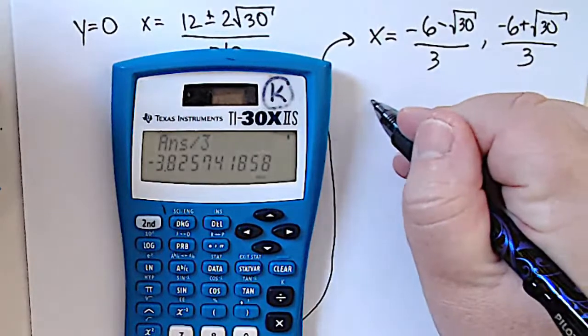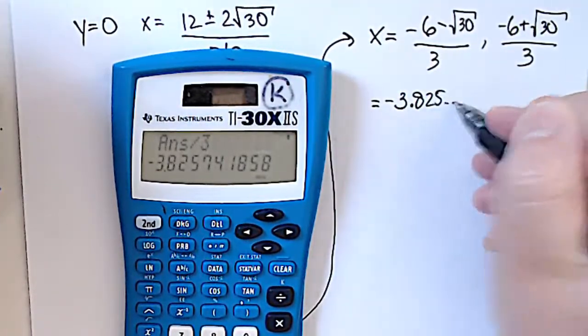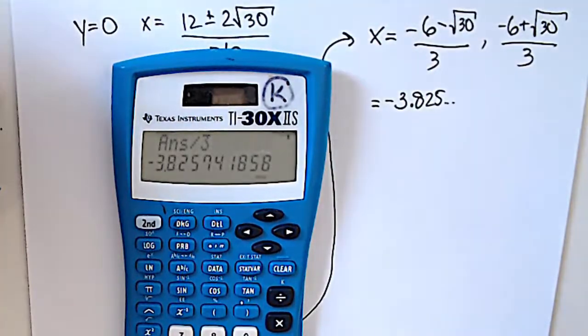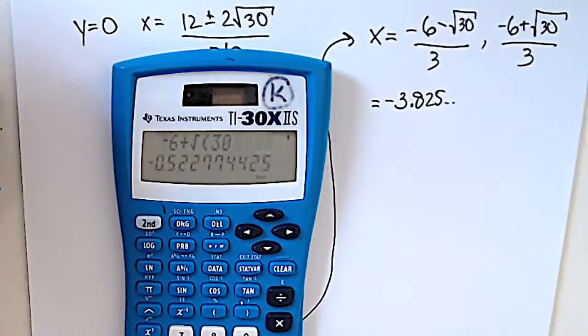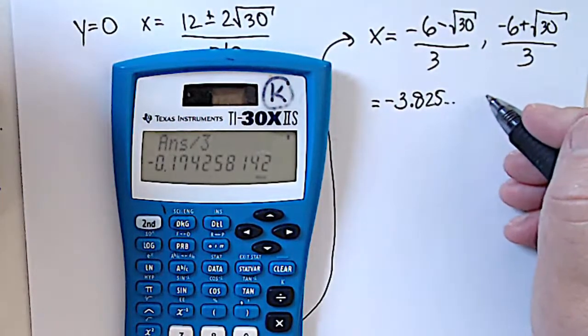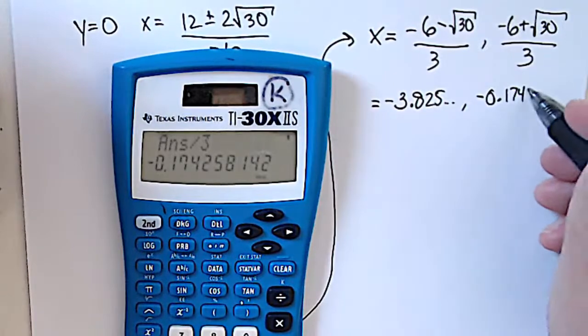And this one is negative 3.825 and some other stuff. Negative 6 plus radical 30 equals, divided by 3 equals, and this one is negative 0.1742 and some other stuff.